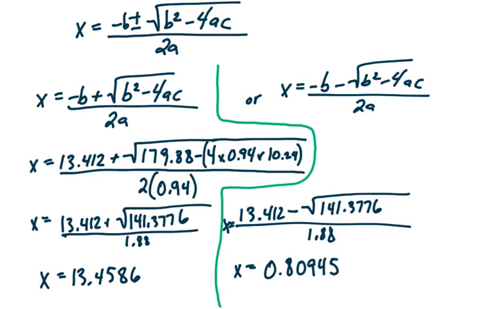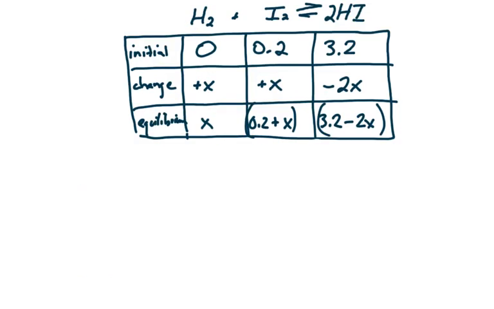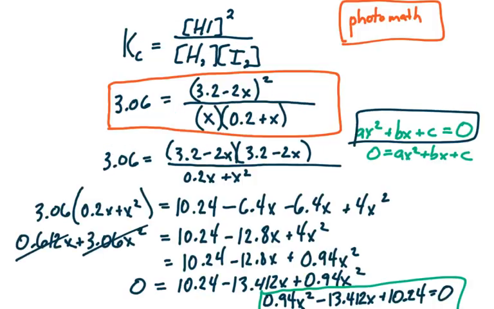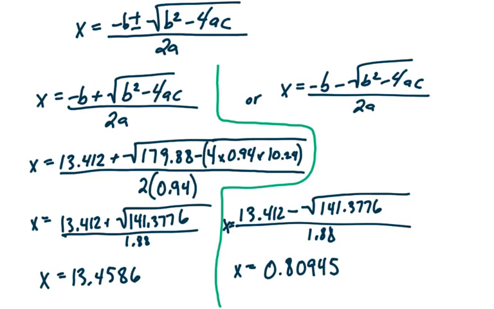Okay? Now these are concentrations. How do I know? Equilibrium concentration, change. x represents that change in concentration. Okay? So if these are initial concentrations, what's the change in concentration? So that's what we found here. So how do I figure out which one is right and which one is wrong?